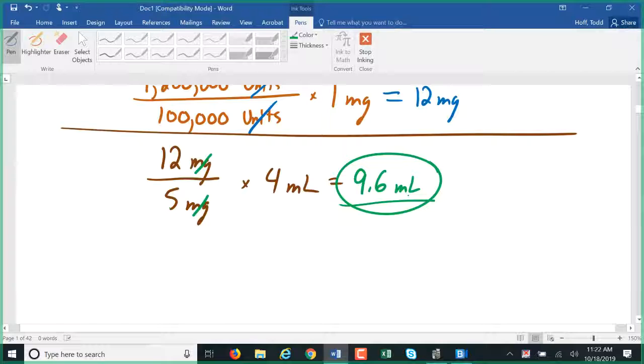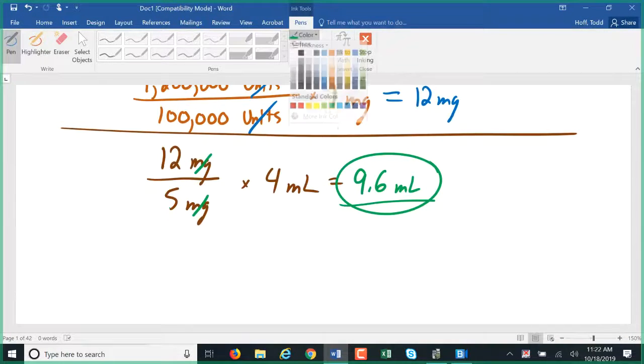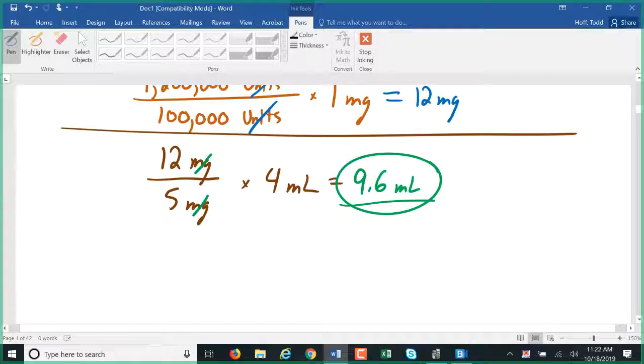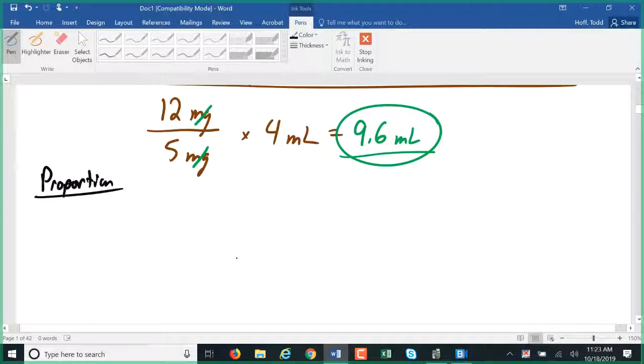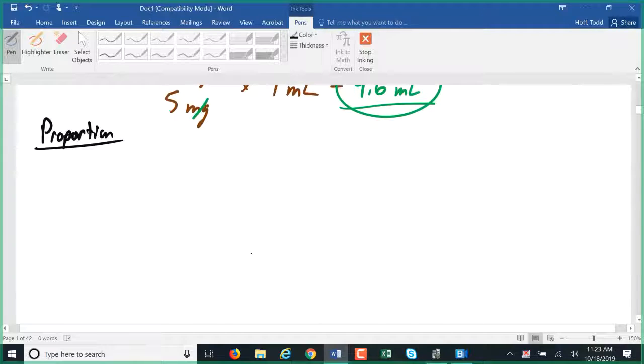It's not painful, but it's a little tedious to have to apply the formula a second time. And we would have the same experience with the proportion. We're going to do the same problem with the proportion.